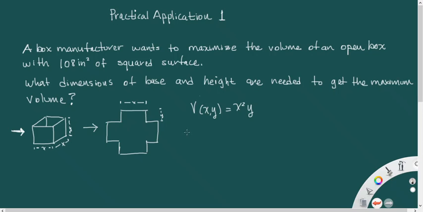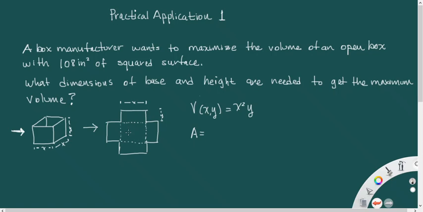Okay, let's now calculate the formula for this surface. Let's say this is the area of this piece of carton board.